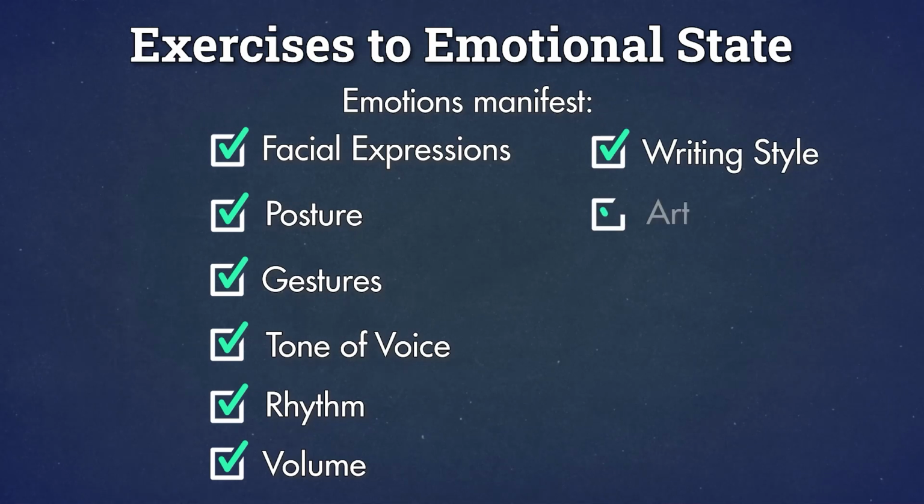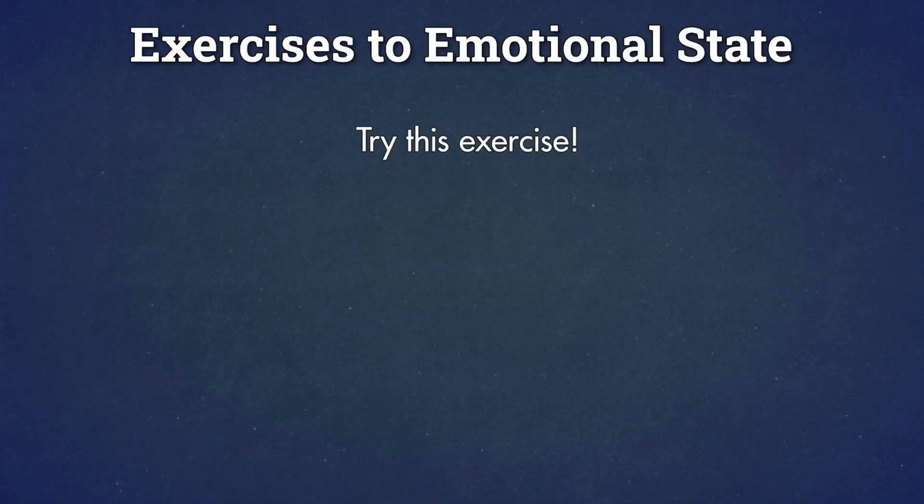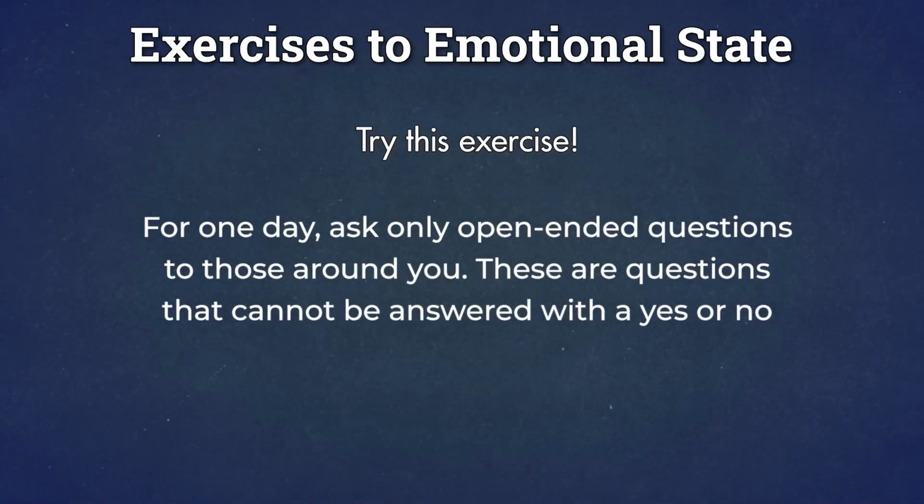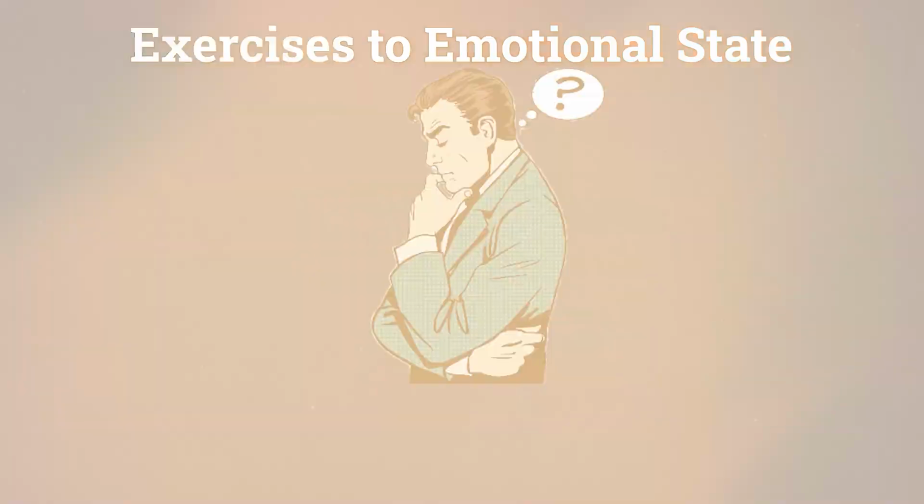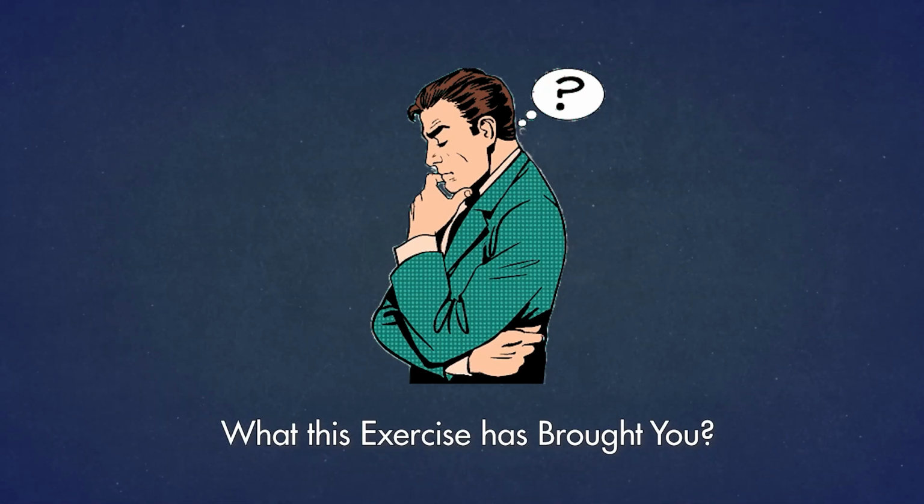Writing style and art also convey emotions. Try this exercise to better understand the emotions of others. For one day, ask only open-ended questions to those around you. These are questions that cannot be answered with a yes or no. Then, think about what this exercise has brought you.